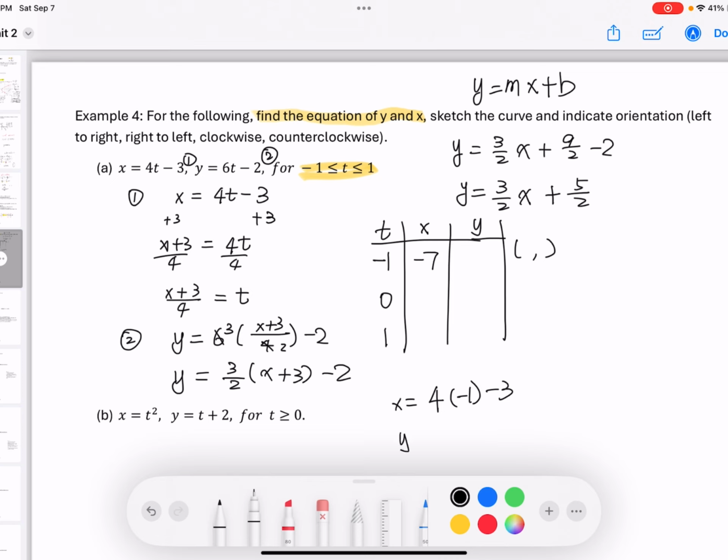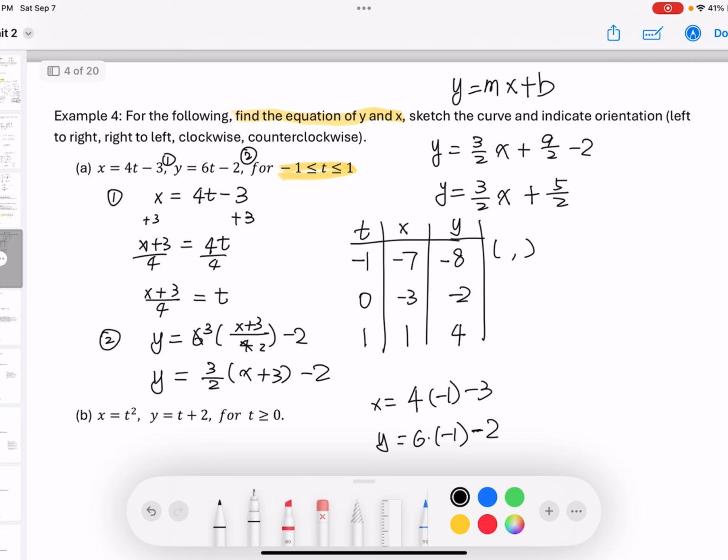And the y is equal to 6 times -1 minus 2, -8. And then bring the 0 inside, we have -3, -2. And bring the 1 inside, we have 1 and 4. So the 3 points are -7, -8, -3, -2, and 1, 4.